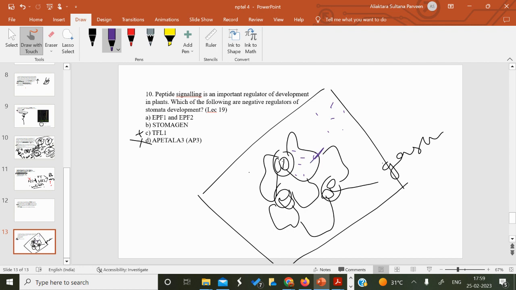So EPF1 and EPF2 negatively regulate stomata formation in other cells, whereas stomagen is a molecule which helps the formation of stomata. So from here, the negative regulators of stomata development are EPF1 and EPF2. That's all you have to remember here. Okay, is this clear?